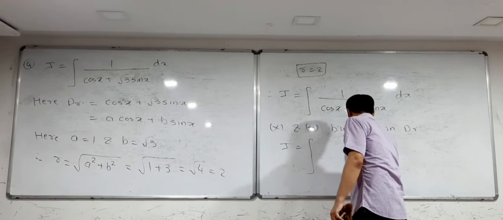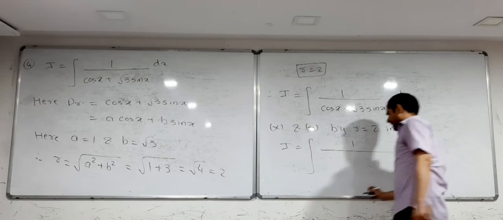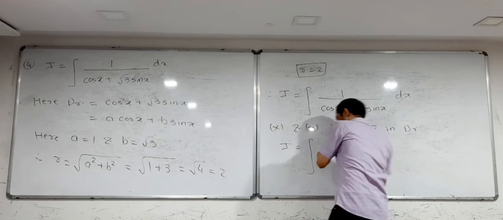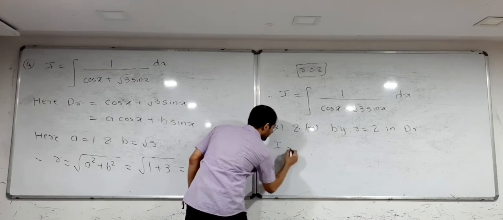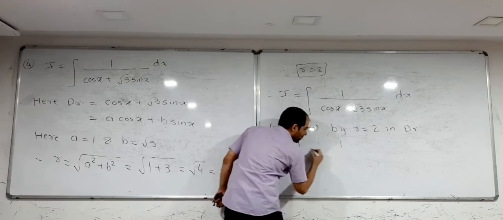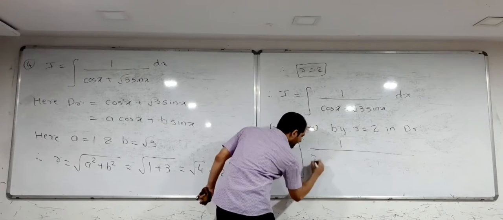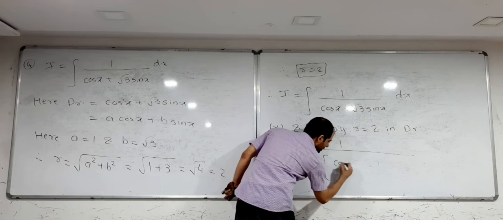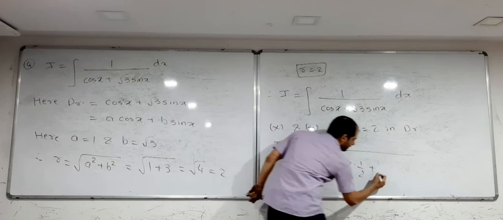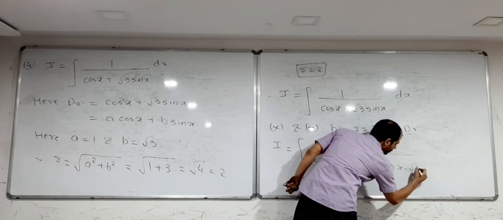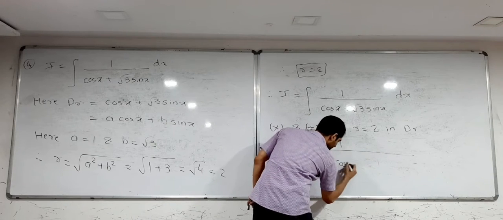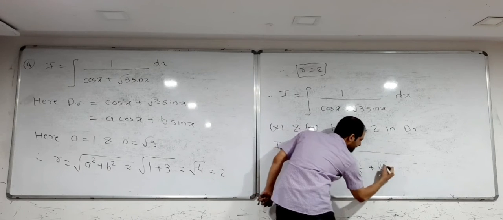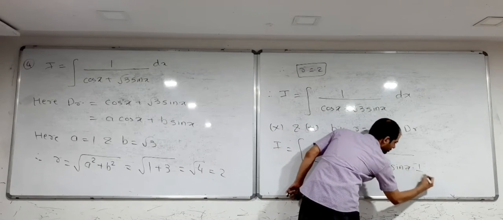So what will I become? Integration of 1 upon 2, I am writing 2 here in the denominator, and here I write cos x into half plus sin x into root 3 by 2. Okay, cos x into half plus root 3 sin x into half.